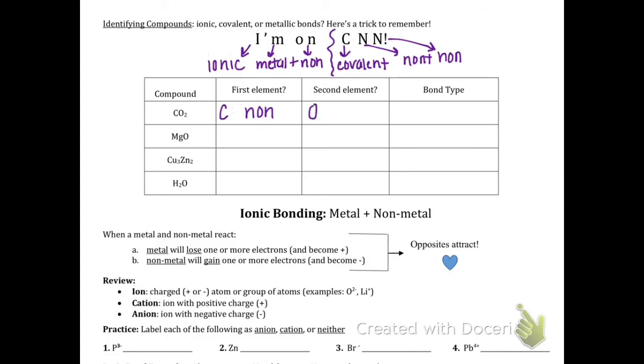Oxygen is also a nonmetal. So when you have a non and a non, then it must be a covalent bond. Okay, I would pause here and try to fill out the rest of the chart, and then in just a moment, I'll post up all the answers.